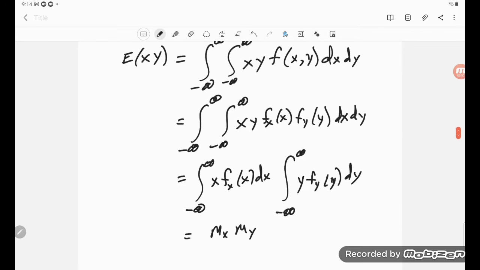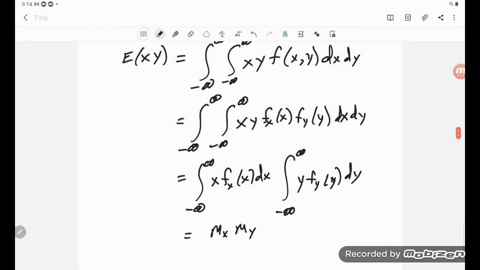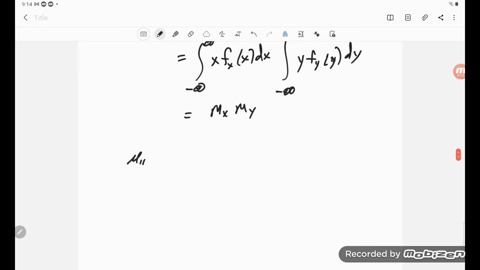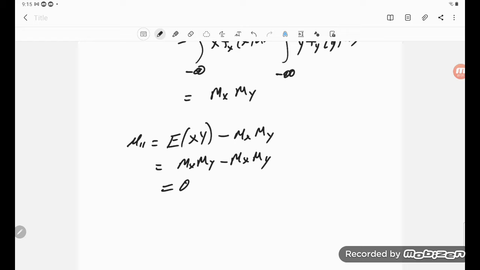Okay, so we have e of xy is that, but then remember that mu11, which we're saying is 0, can be calculated simply as e of xy minus mx my, and so this is mx my minus mx my, and we get 0.